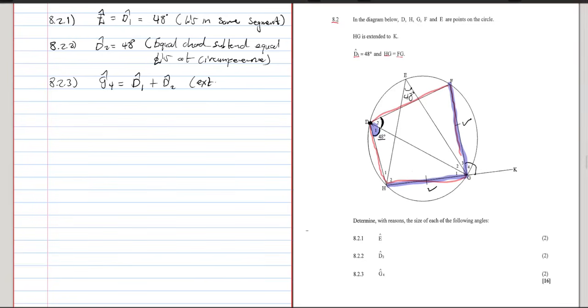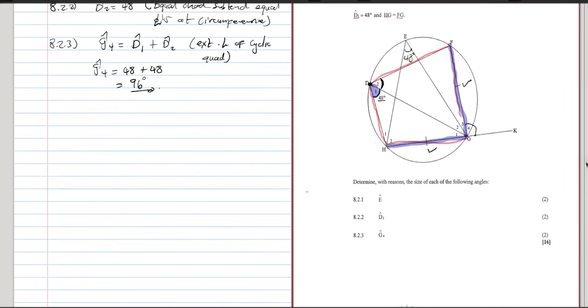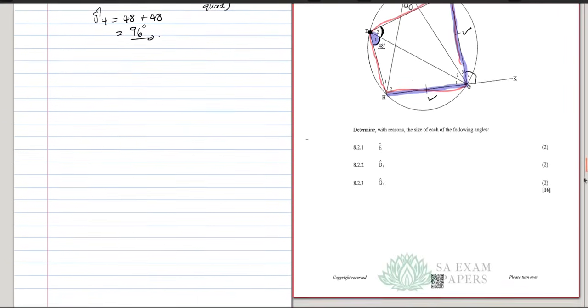This is an exterior angle of a cyclic quad. So therefore G4 is equal to D1, that's 48, plus D2, that's also 48. So 48 plus 48, that's 96 degrees. Okay, so that's our question 8, Euclidean geometry.